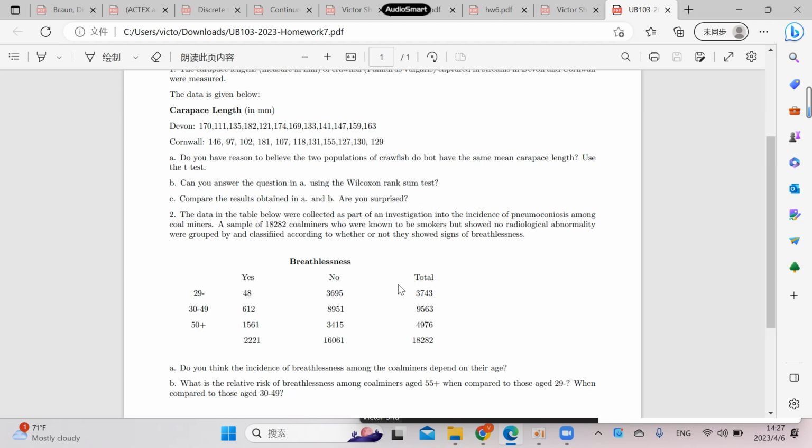One thing you're gonna be aware of is the number of observations in the two samples are different. For Devon, you have 12 observations, and for Cornwall, you have 11 observations. So that's the most complicated case in two-sample t-test, where you have different numbers of observations.